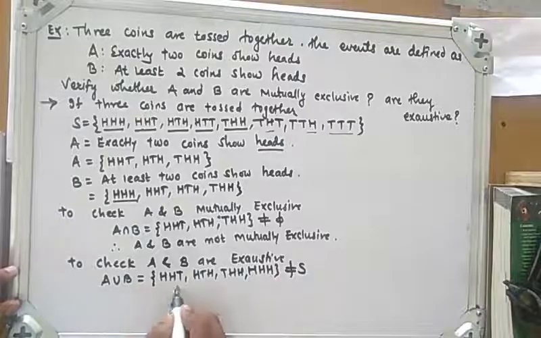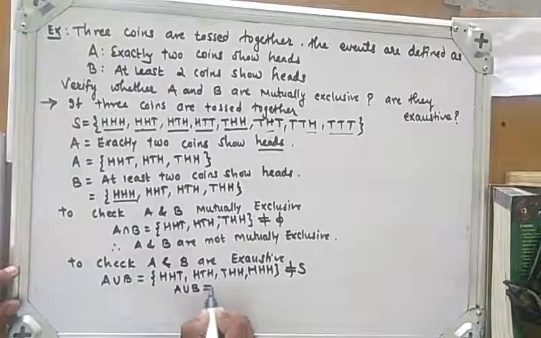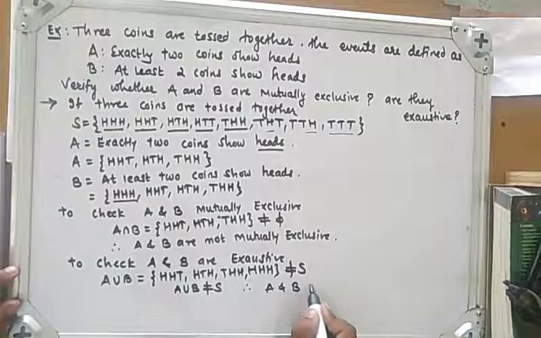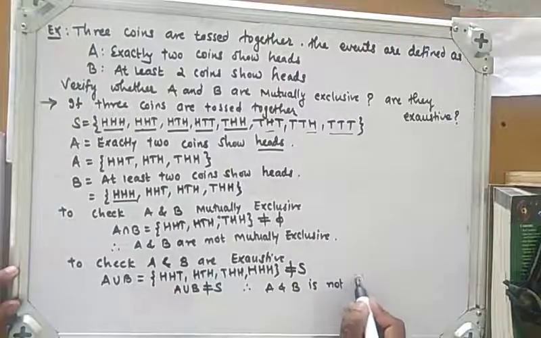So A union B is not the same as S, therefore A and B are not exhaustive events.